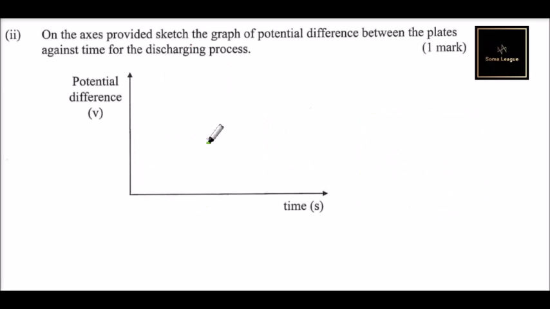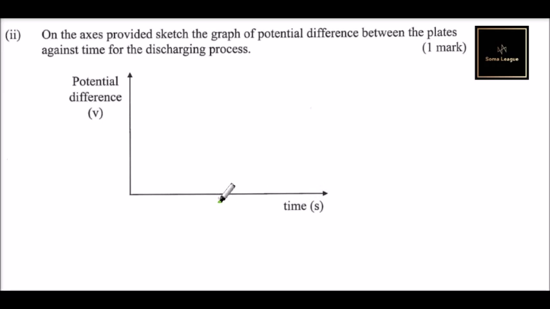Roman number 2, we are told, on the axis provided, sketch the graph of potential difference between the plates against time for the discharging process. So we have the graph with potential difference on the y-axis and time on the x-axis.